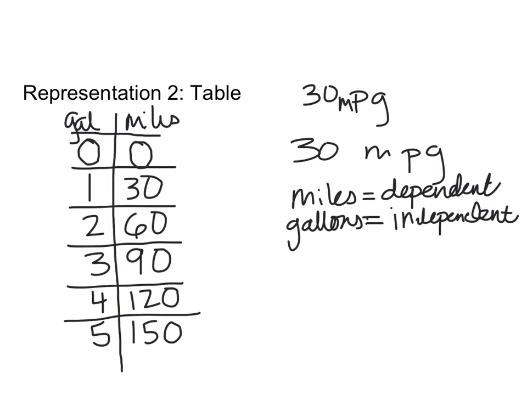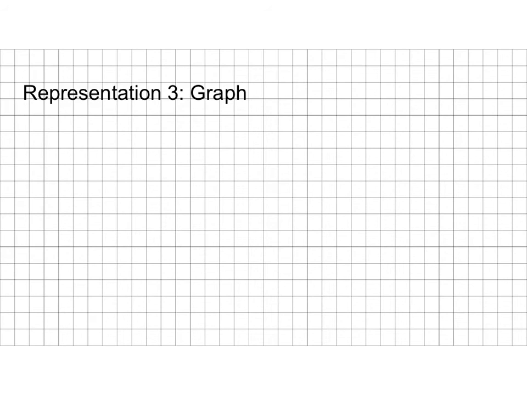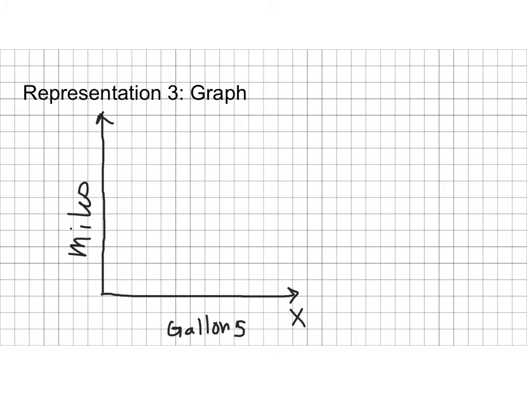The next representation is a graph. So for the graph, we're going to graph that data from the table. We also know how to do this one. And now that we know the independent and dependent variables, we're going to make sure to put gallons on the x-axis and miles on the y-axis.